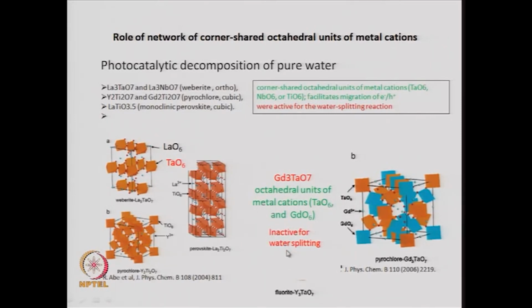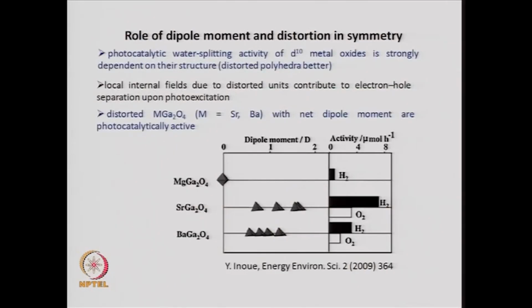So, the role of corner shared octahedral units and the presence of linear chains of these octahedra is very important. If you have distortion in octahedra and if you have dipole moment, then what is the effect on the water splitting or photocatalysis activity?